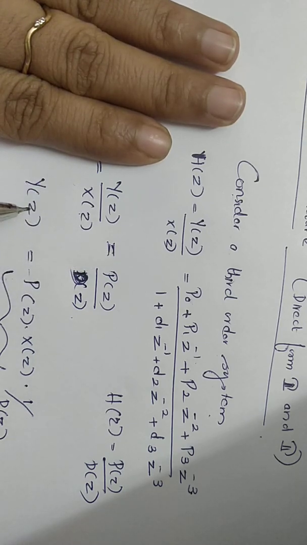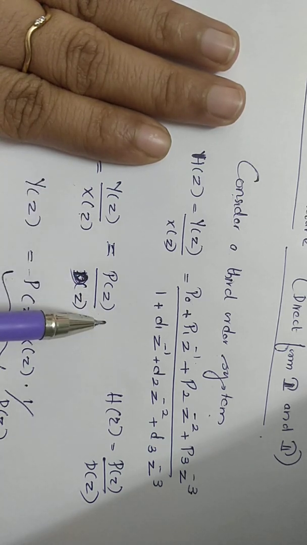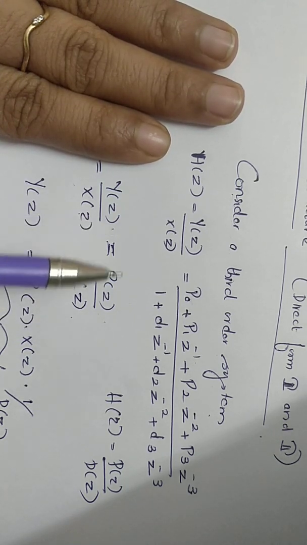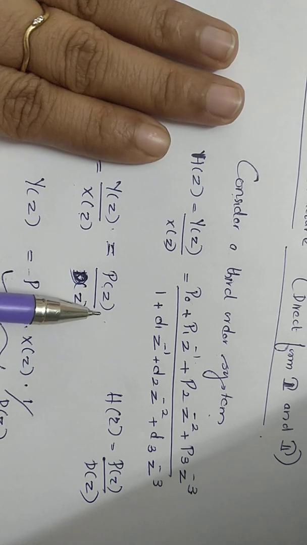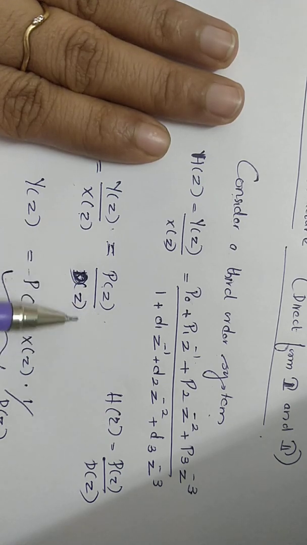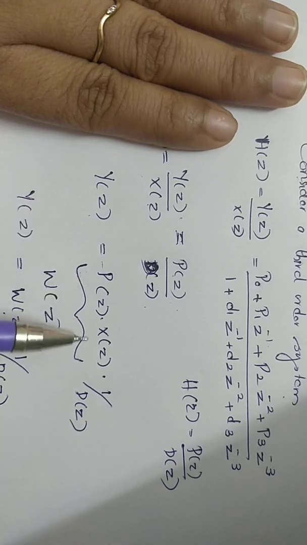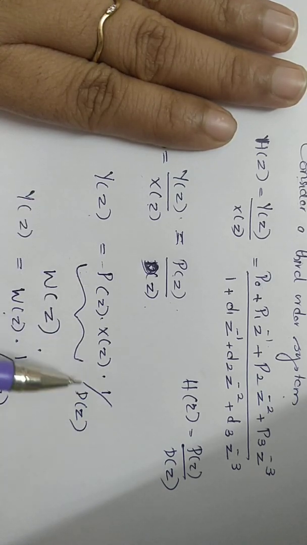Now I am moving this X of z to this side. So what will this equation become? Y of z is equal to P of z into X of z divided by D of z. That is, Y of z is equal to P of z into X of z into 1 by D of z.